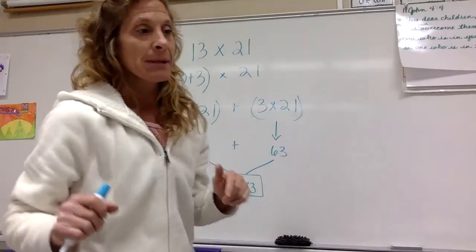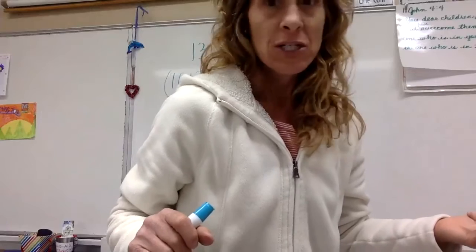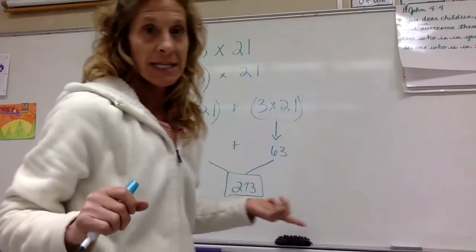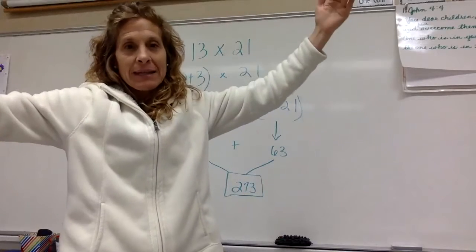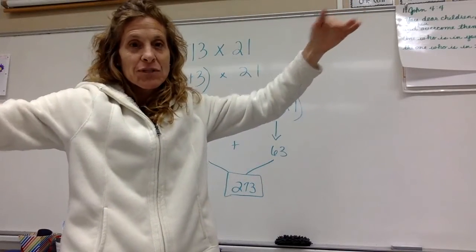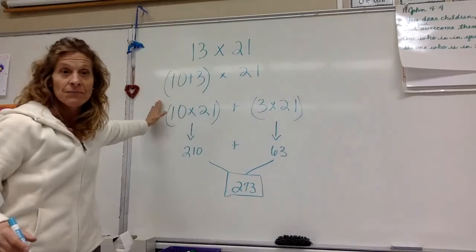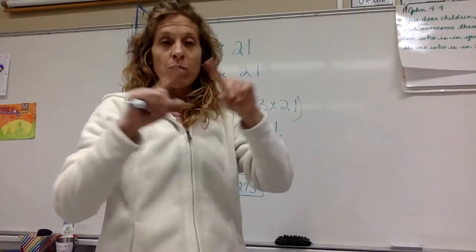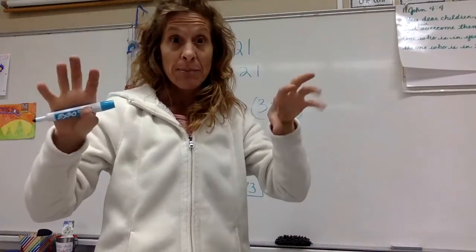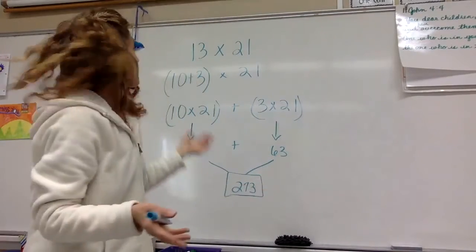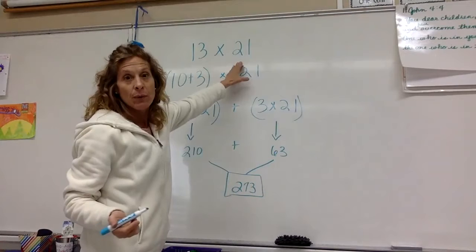So the first problem in Fat Math on the top of page 279 says 13 times 21. So you remember back in the day when we were doing the triangle that we took one of the numbers and we made it an addition problem. That's all we're doing here. 13 times 21.